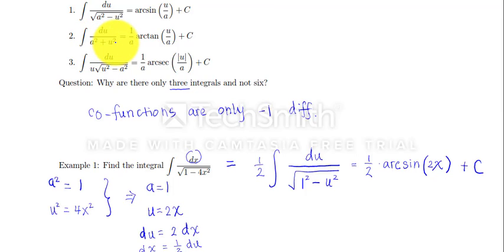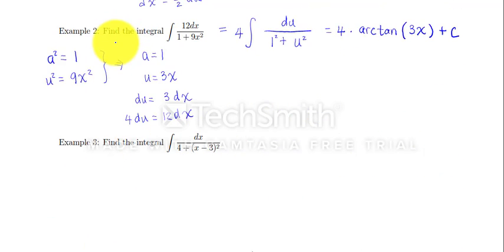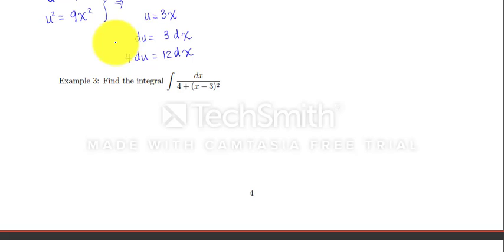And we just need to identify our a and u. So let me copy down the second formula right here, so we can all see. Integral du over a squared plus u squared equals 1 over a arc tangent of u over a plus c.